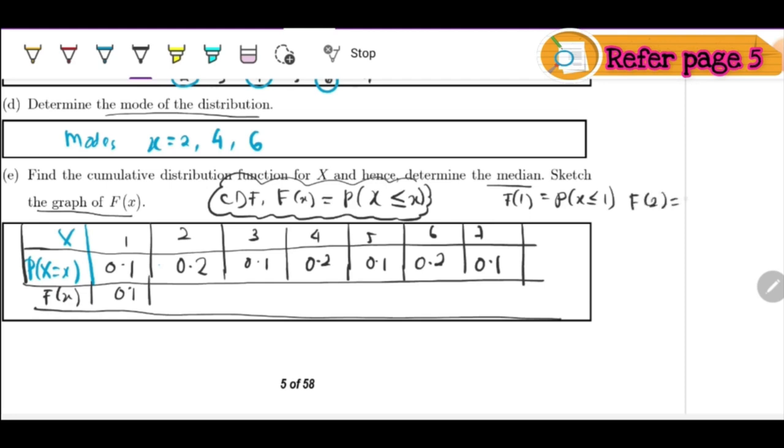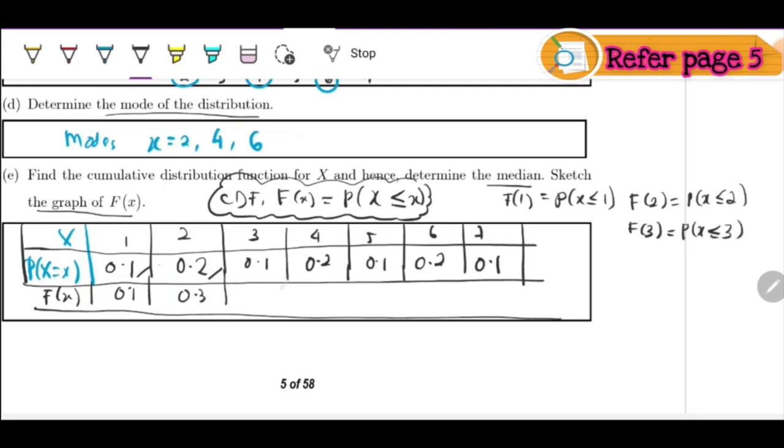F(2) means P(X) less than or equal to 2. So we add the probability when x equals 1 plus the probability of x equals 2. So we get 0.3. F(3) is equal to P(X) less than or equal to 3.